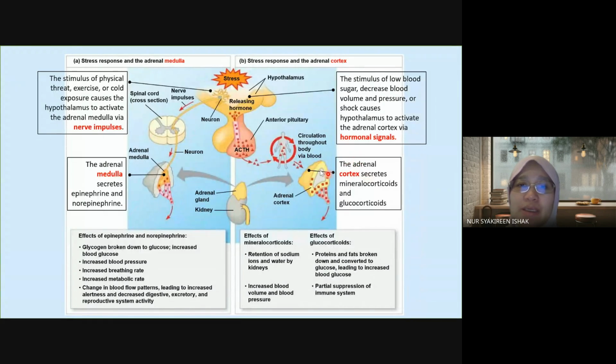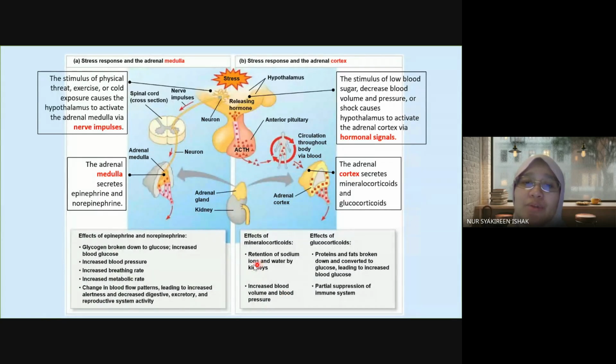So it causes the releasing hormone from the hypothalamus to secrete ACTH, travels to your blood, reaches the adrenal cortex. Okay, adrenocorticotropic hormone ni daripada anterior causes the adrenal gland, the cortex part to secrete these two hormones, mineralocorticoids and glucocorticoids. So mineralocorticoids ni mineral ions.